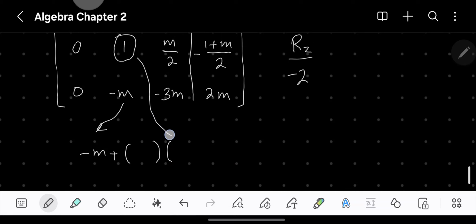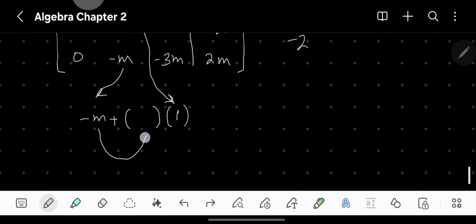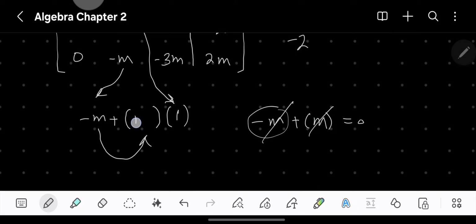Since the pivot is 1, so I will write here 1, since anything multiplied by 1 is that thing. So minus m plus what is equal to 0? What would you add to minus m to get 0? Of course, if you add plus m, it will be 0. So I should write here m.